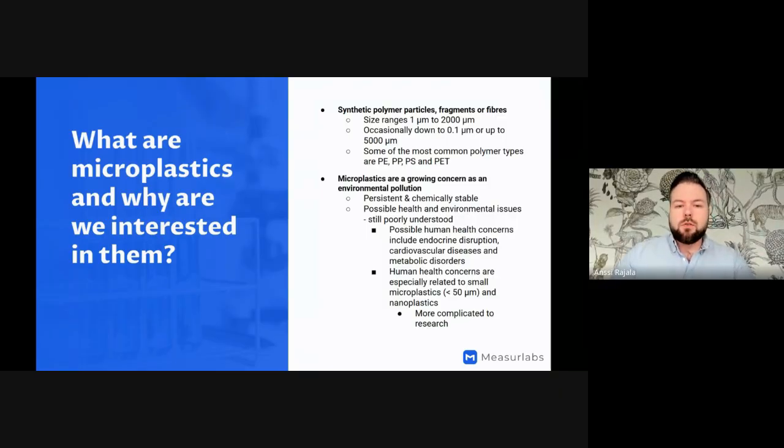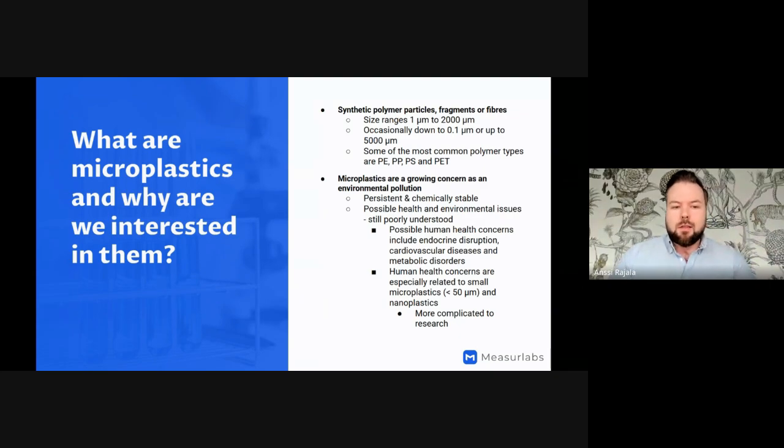Microplastics are a growing concern as an environmental pollutant, mainly because they are very persistent and chemically stable. Also, there are possible health and environmental issues, but they are still a bit poorly understood. The possible health concerns include endocrine disruption, cardiovascular diseases, and metabolic disorders, and the human health concerns are especially related to the very small microplastics, less than 50 micrometers, and also nanoplastics.